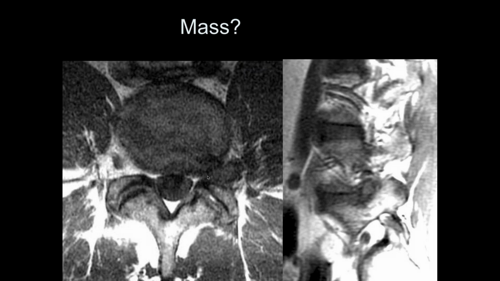What's this? Completely effaced. Yeah, it's effacement of fat at the left neural foramen. What do you think this is? Could be a perineural cyst. Coming from what? I think from the nerve sheath.